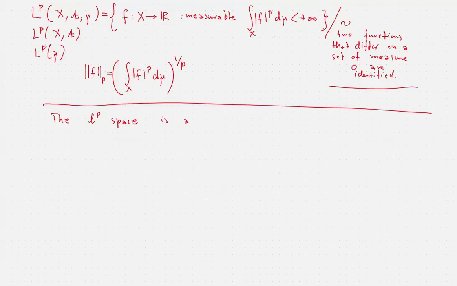Here, X will be the set of natural numbers, A will be just the power set of N, so any set is measurable, and mu is the counting measure.